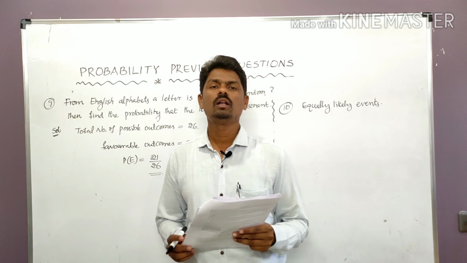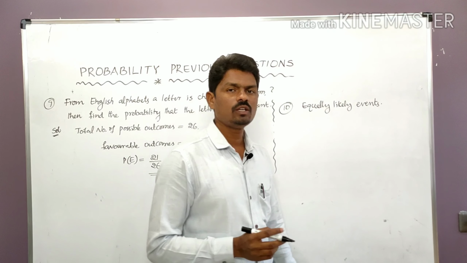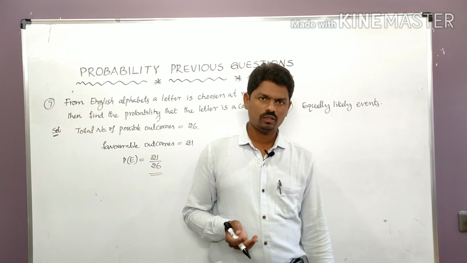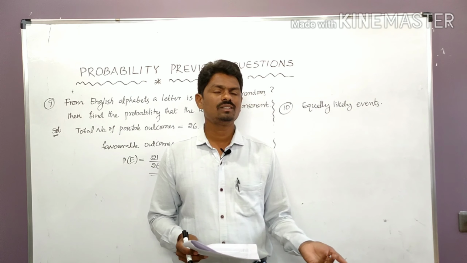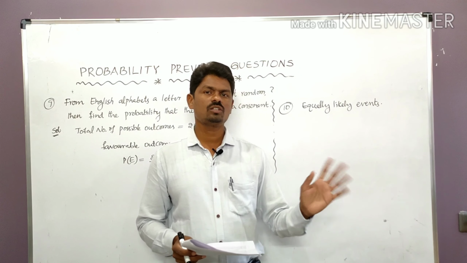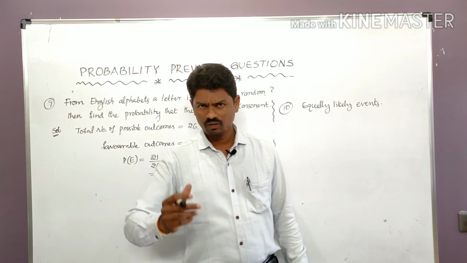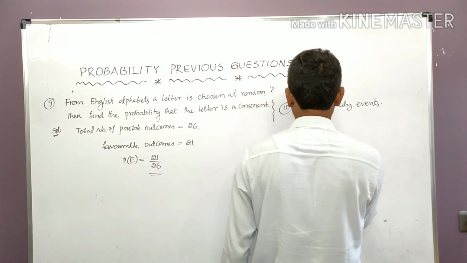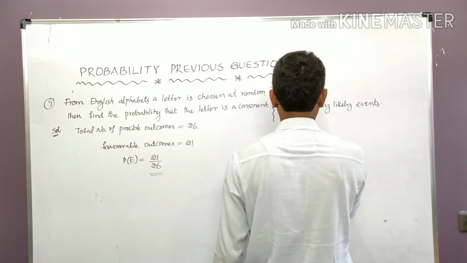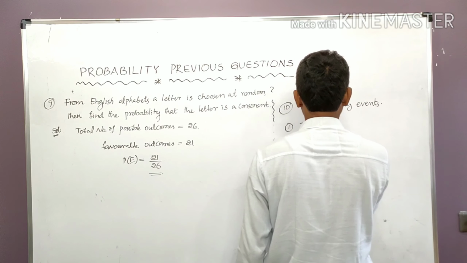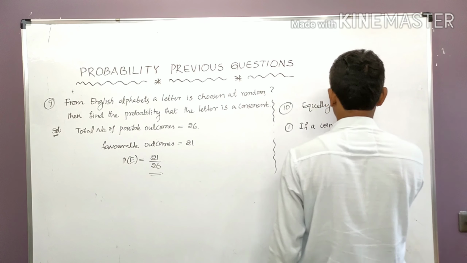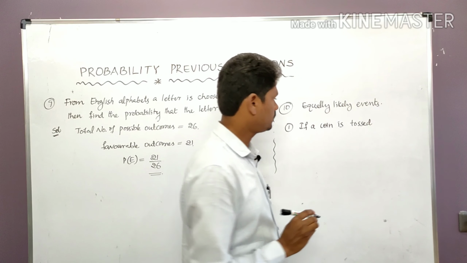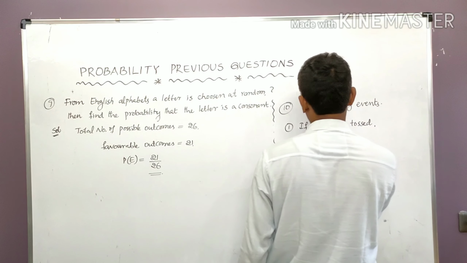What are the equally likely events? If a baby is born, she is a boy or girl. Then there is a chance equally likely. When a coin is tossed, getting head or tail. So these 2 you can write. Example 1: if a coin is tossed, getting head or tail.